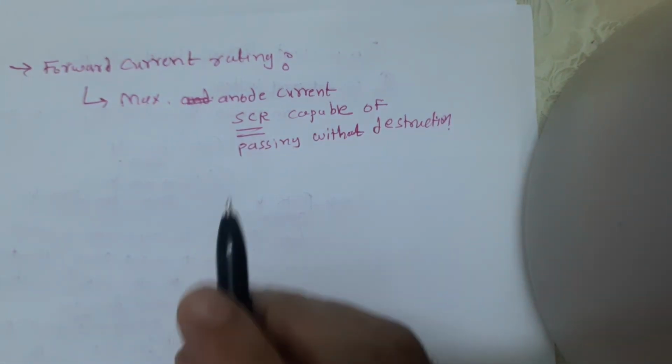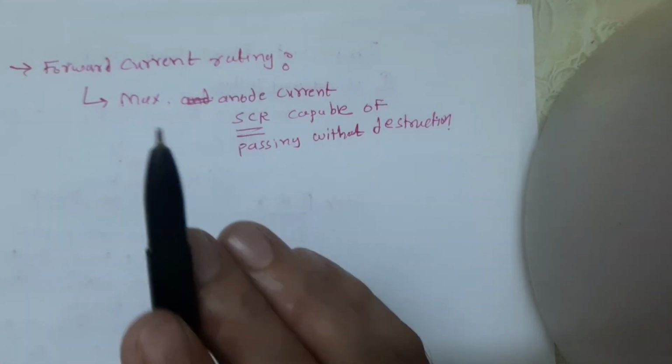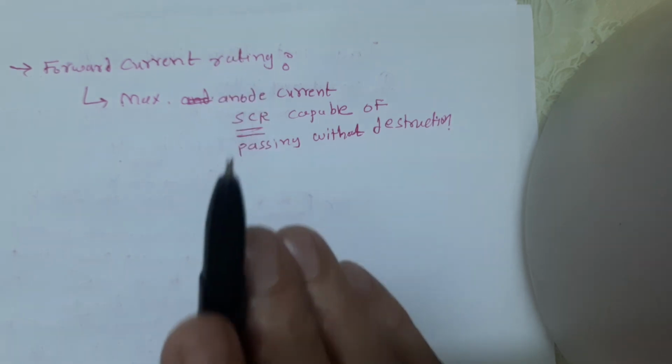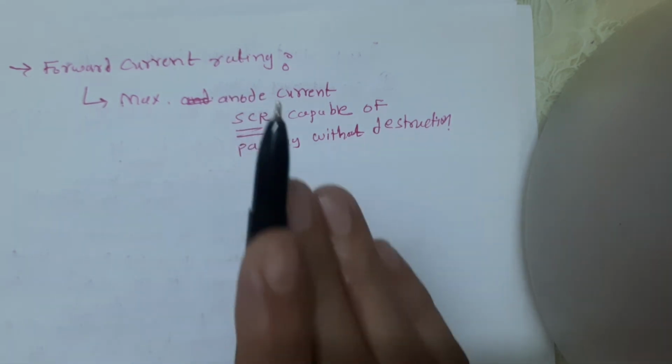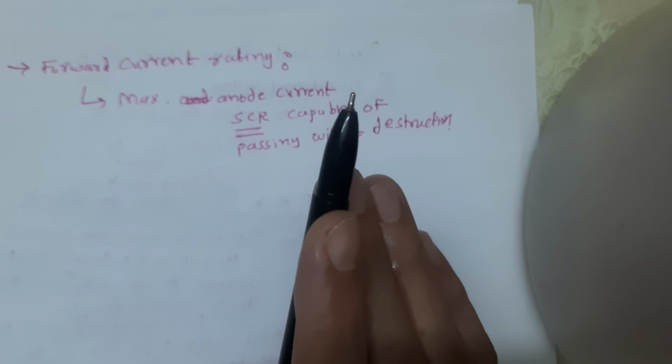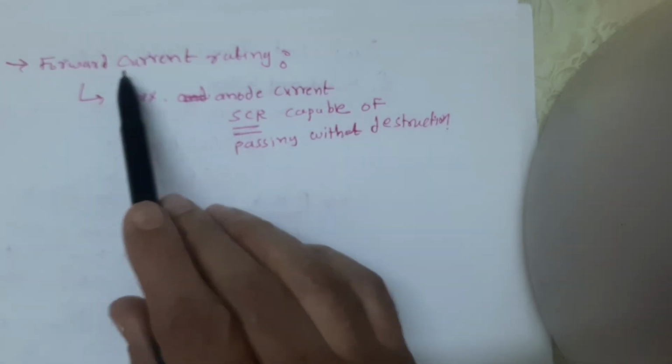I repeat, it is the maximum anode current that an SCR is capable of passing without destruction. It is known as forward current rating.